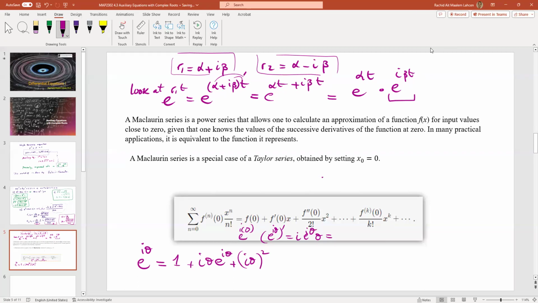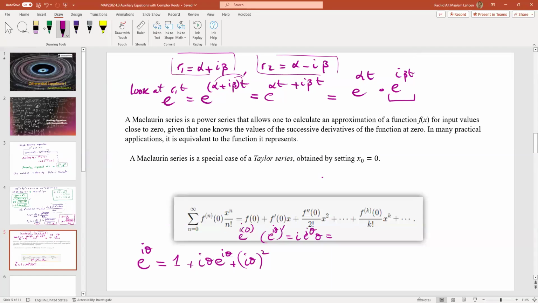Let's stop here. Let's just do it for 0, because we're doing the Maclaurin series for it. So if it's 0, this is going to be 1, and it's going to be 1 throughout. Okay, just to simplify.